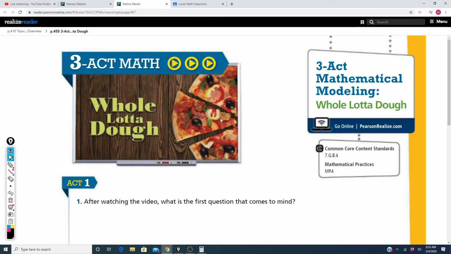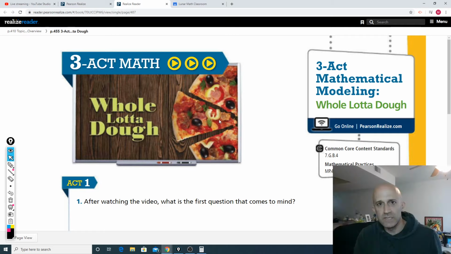I'm going to be putting out on Google Classroom, under Classwork, an assignment. I put it as that so you can reference the sheet that you see right here.